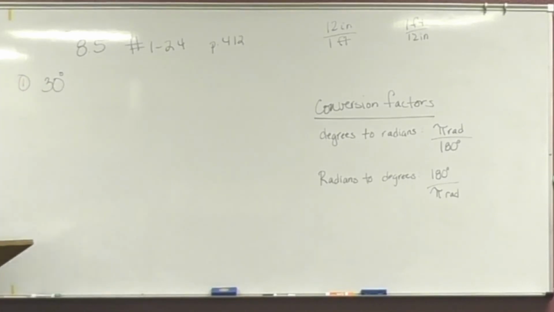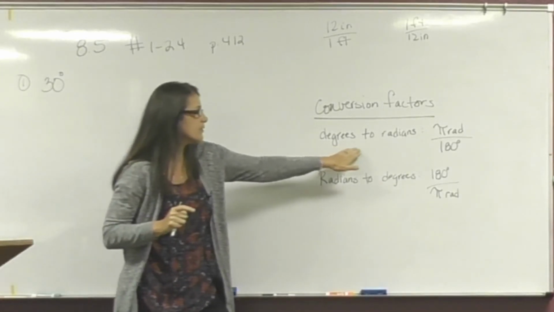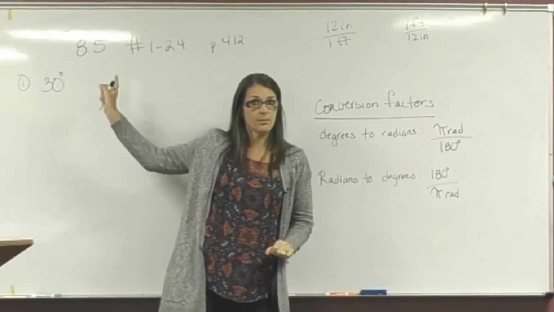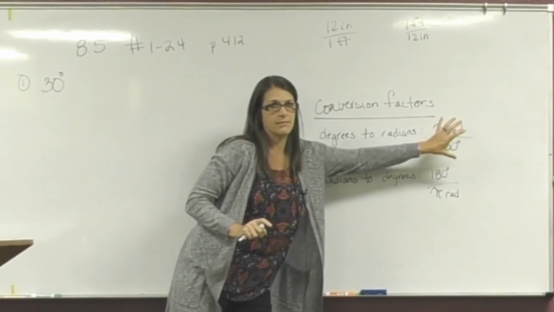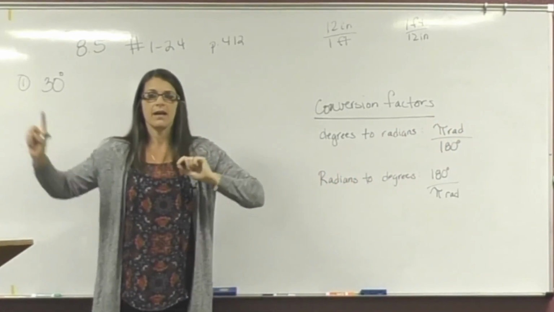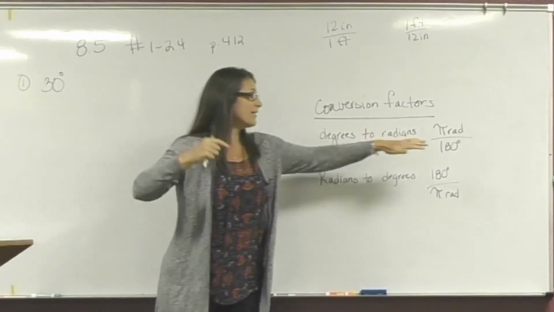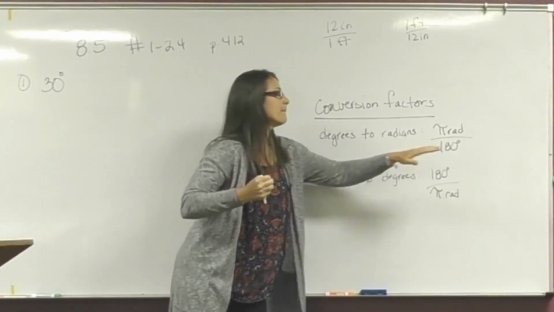So I'm going to go from degrees to radians. I'm going to multiply this by the fraction like this, okay? And again, I've got degrees on top, so I know I've got to use the one where the degrees are on bottom so that they cancel out.